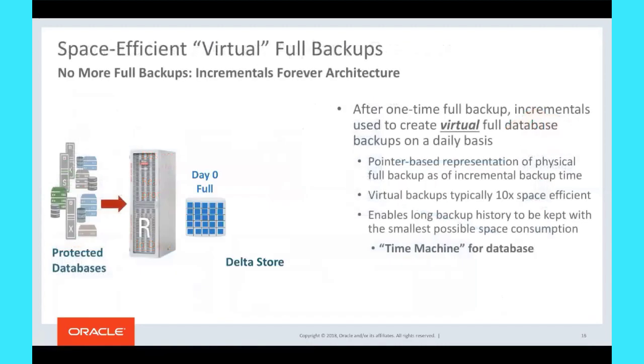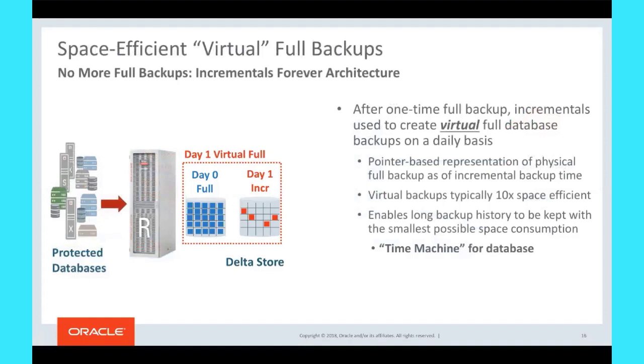The virtual full technology is what this migration is built on, so let me walk through some background. We create an initial level 0 backup to Recovery Appliance, as you normally would for your backup storage. But then every cycle we only do a level 1 incremental, only the changed blocks are backed up to Recovery Appliance.